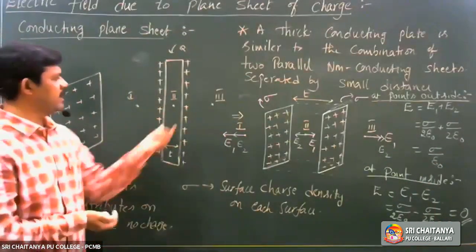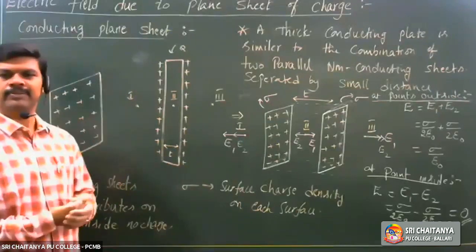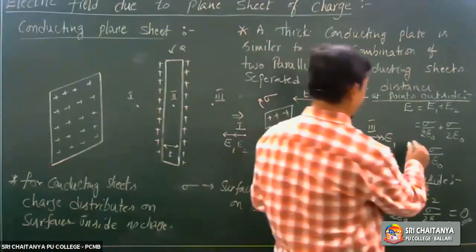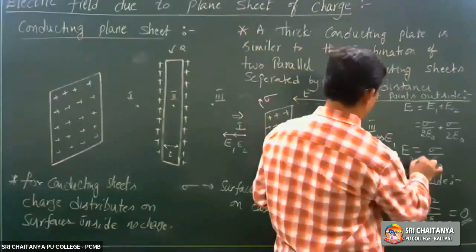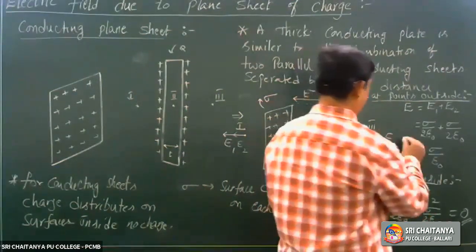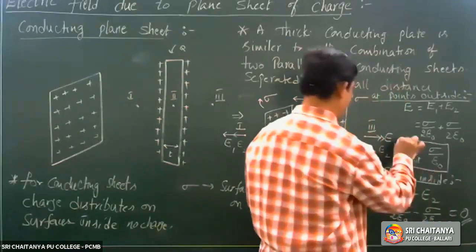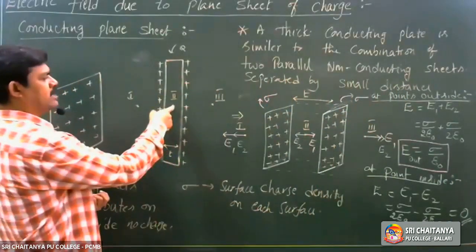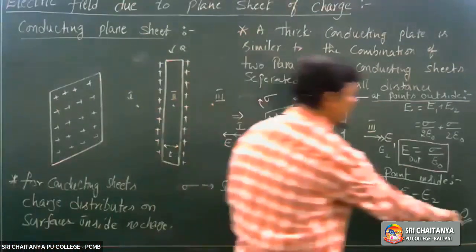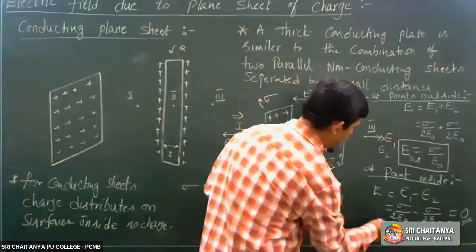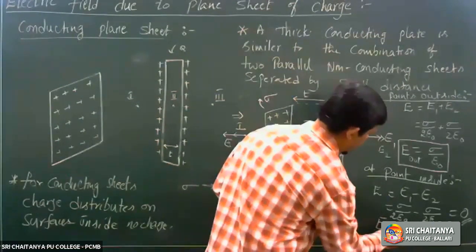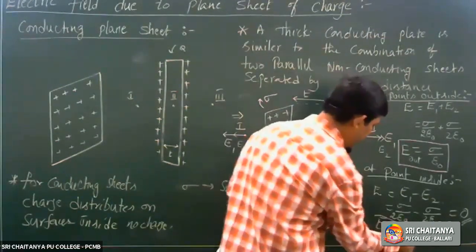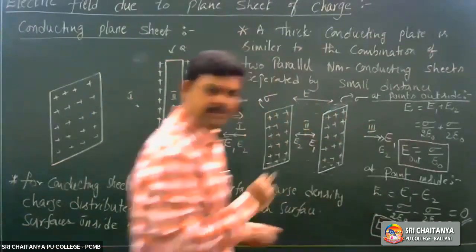So for a thick conducting sheet, at outside points the field is sigma by epsilon naught. Inside the sheet, the field is 0. E inside is 0. That's it.